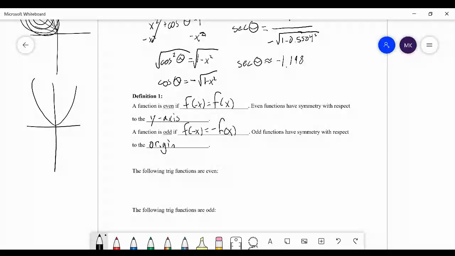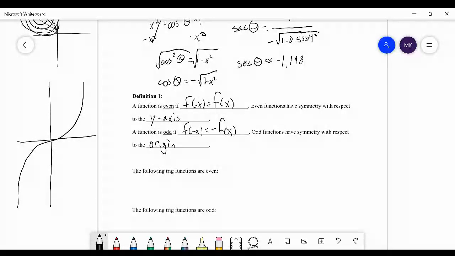The origin being that lovely point 0, 0. Okay. And so a simple function that has that is like x cubed. And so this kind of has a rotational symmetry. If we were to think about grabbing our graph and rotating it 180 degrees with the origin being a fixed point, so that's kind of being the center of it where we're rotating about, the graph would look the exact same.